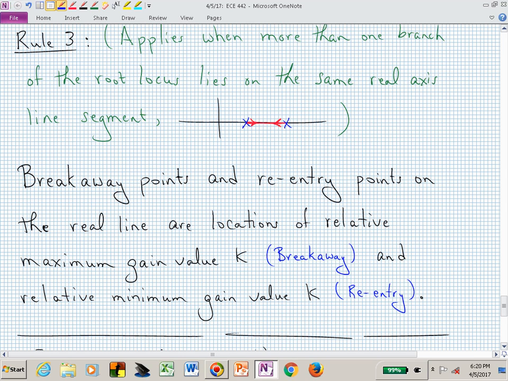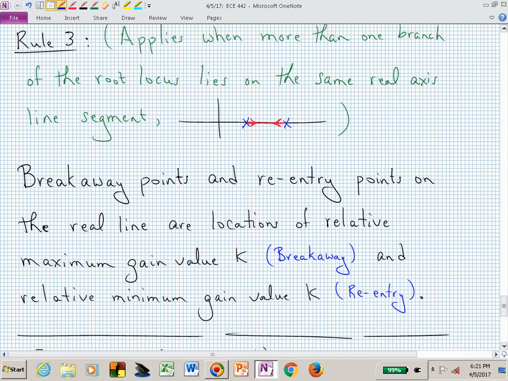So we have two possible scenarios. Sometimes they both exist, sometimes just one exists. One situation, we might just have re-entry points. In this case, we would just have a breakaway point. In some cases, we have both.